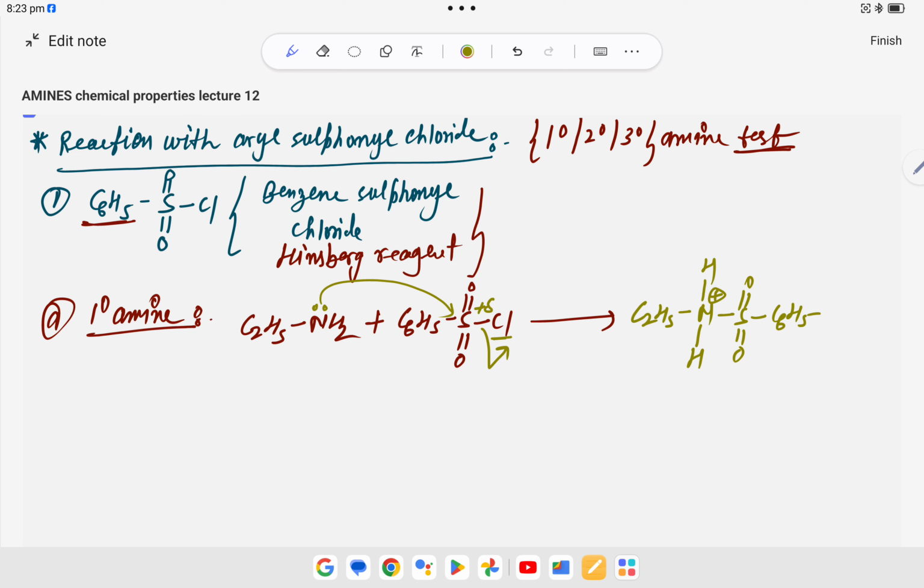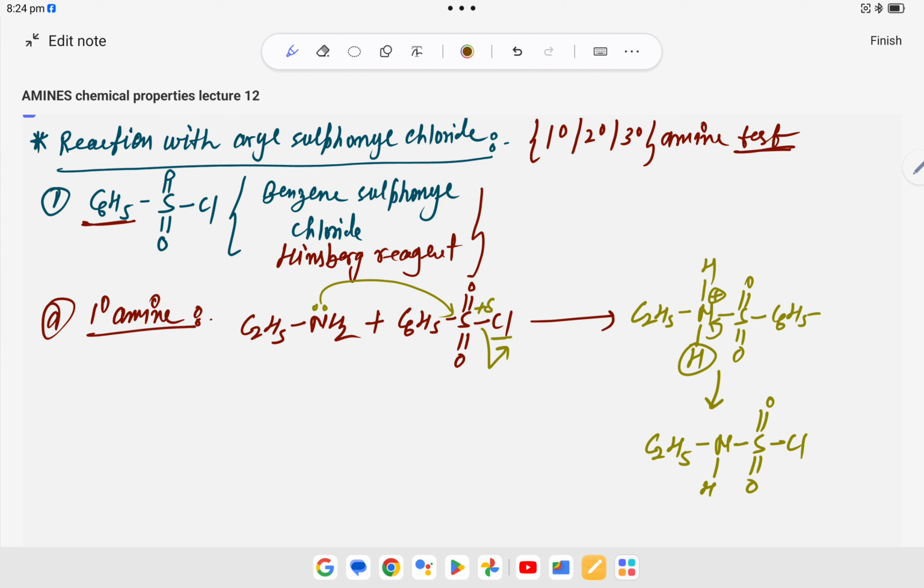Then 1 hydrogen is lost and the positive charge vanishes. So ultimately C2H5NH-SO2-C6H5.